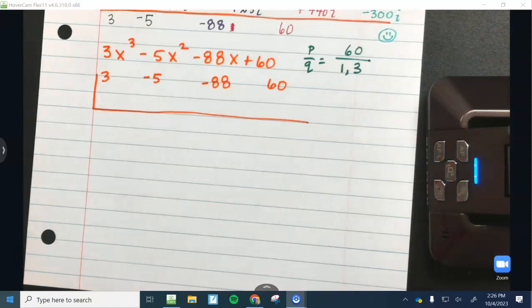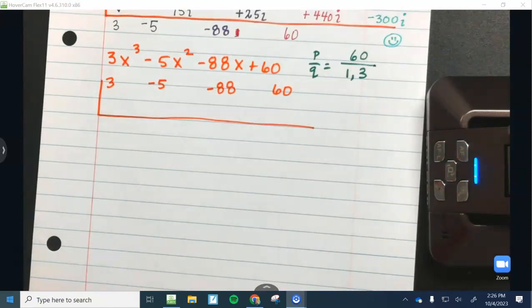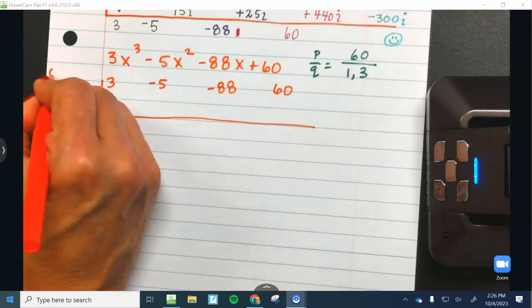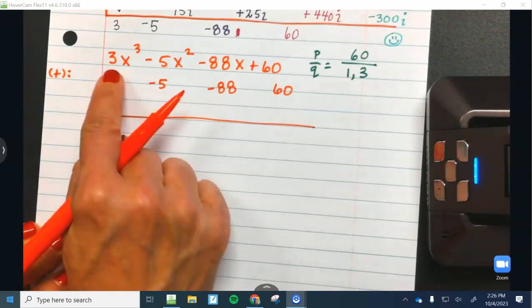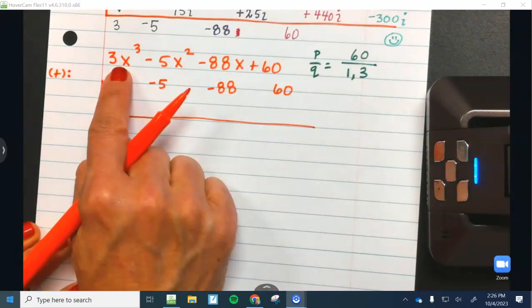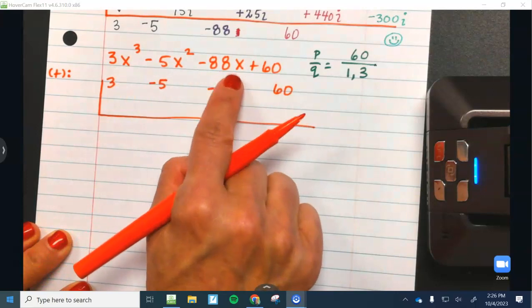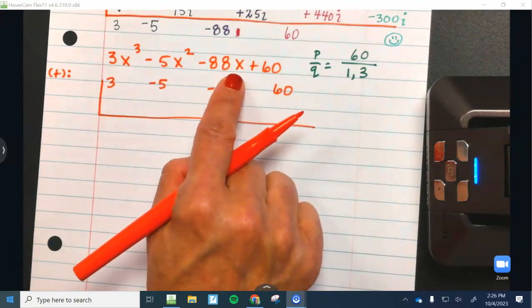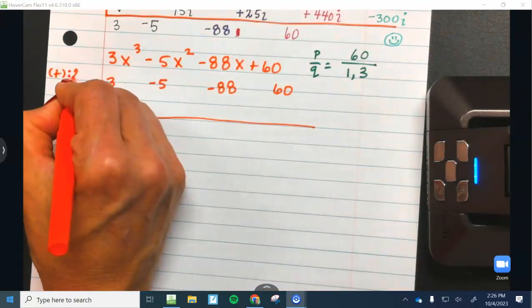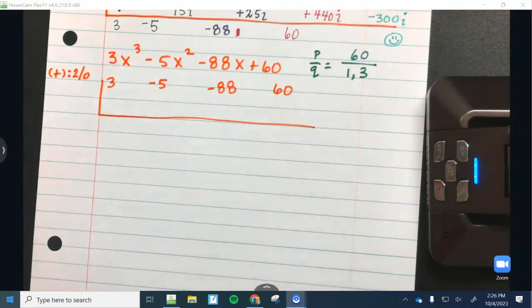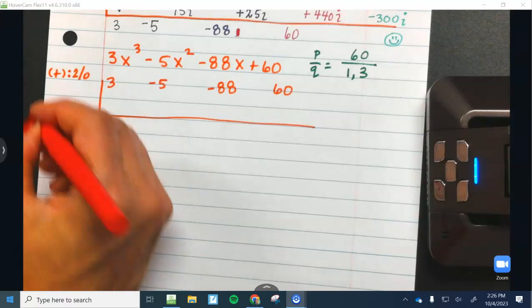Speaking of what we're going to try to put here, let's see if we have a higher probability of getting a positive or a negative answer. Let's do the rule of signs. For my positives, it starts positive, it flips negative, it flips back to positive. That's 2 changes. So we're going to have 2 or none. Let's figure out the negatives.